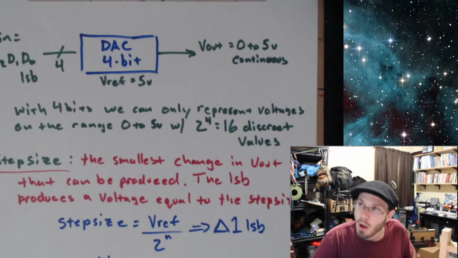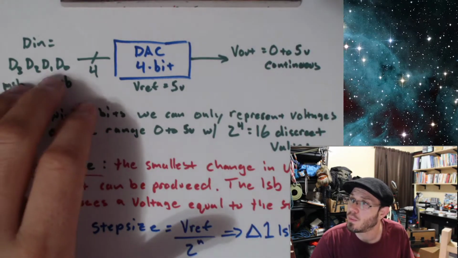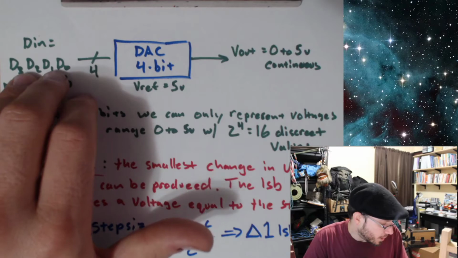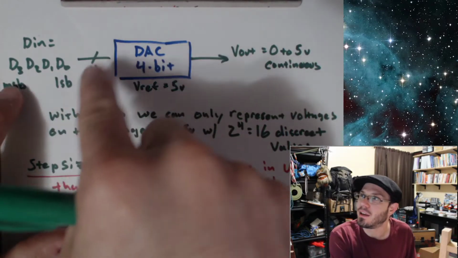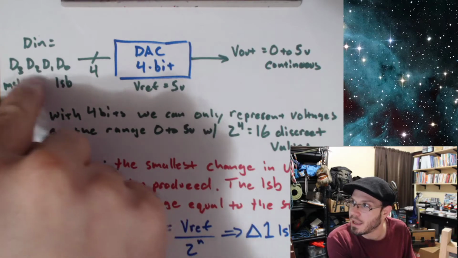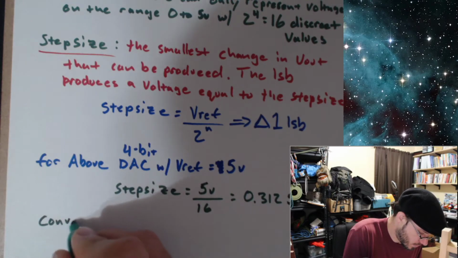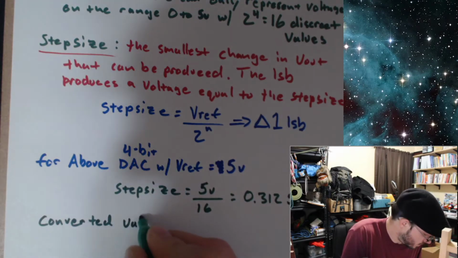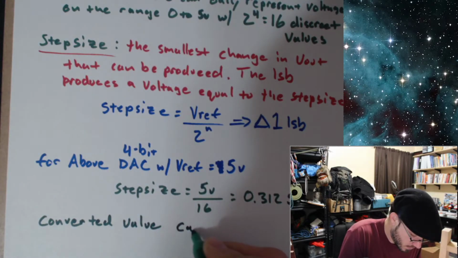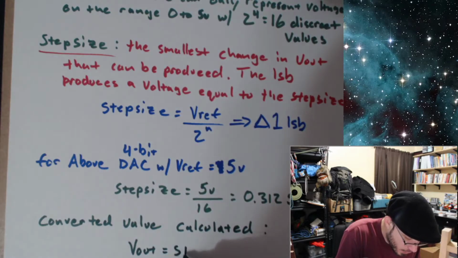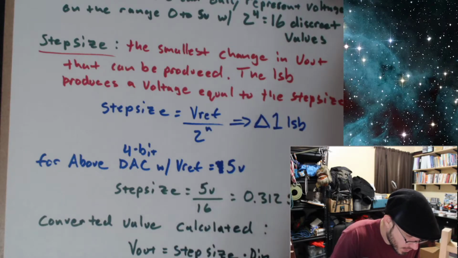Now, we can always calculate the converted value. We can always calculate what the output should be for a given set of inputs by multiplying the step size by the numeric value of our n-bit input. V out equals step size times D in.